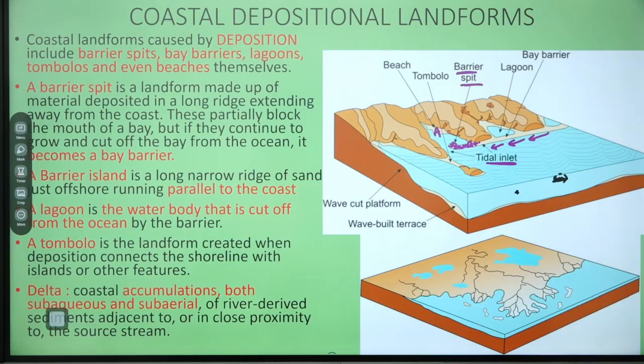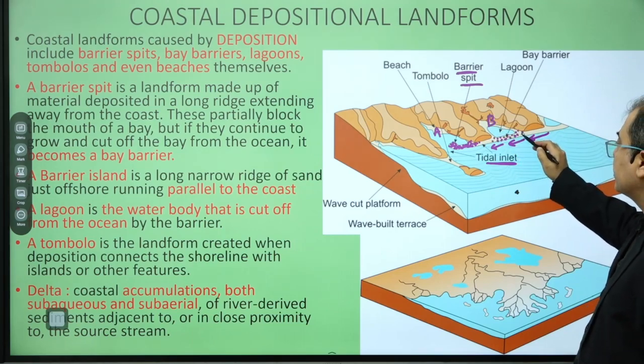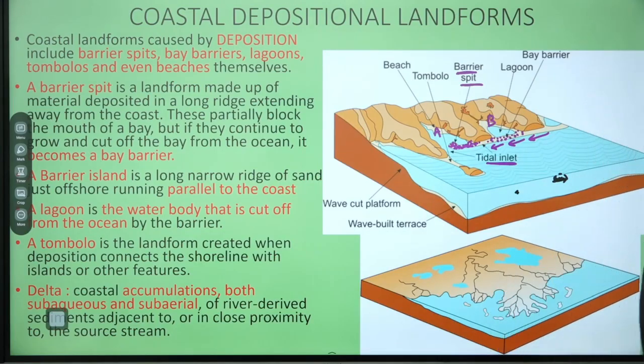If the inlet becomes very, very narrow or at times totally complete, can you see or say that bay B is an example where the entire bay mouth has been closed? Yes or no? Entire mouth of the bay has been closed.